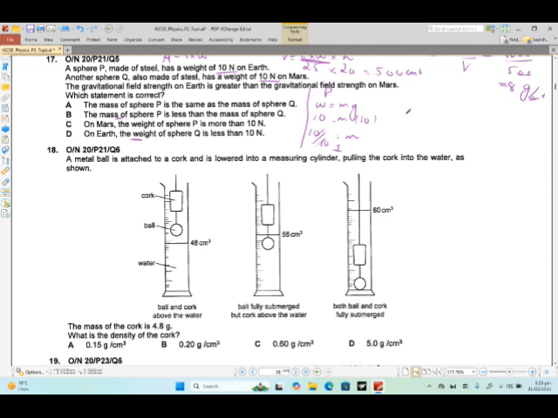Actually, we know that this is on Mars and the gravitational field strength on Mars is less than that of the Earth. They've stated it over here as well. So for Q, W is equal to mg. We will take any value of g that is lesser than the value of g on Earth that we've taken as 10. We can take any value like that for that purpose.